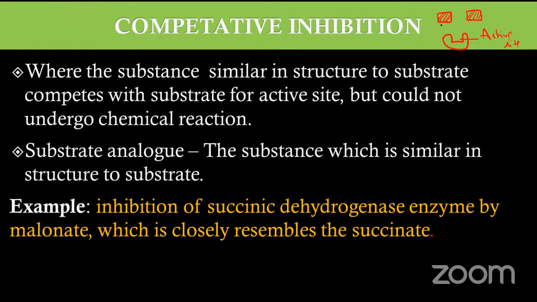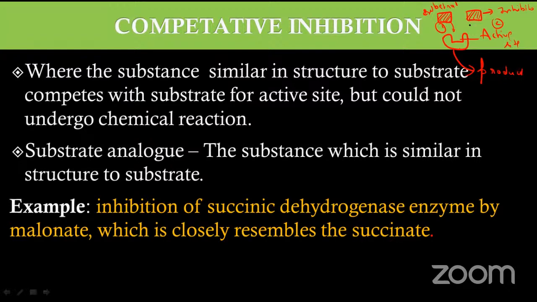See here, the first one is the substrate, and the second one I'm writing is the inhibitor. Whenever the substrate comes and binds, it is converted into the product. Obviously, substrate binding means it is going to convert into the product.